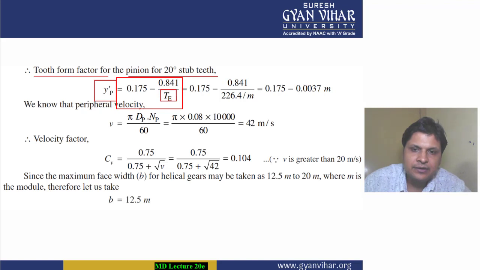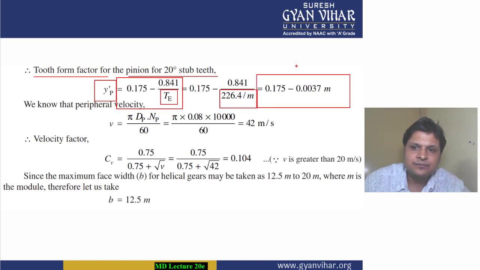Here Te is the equivalent number of teeth, the expression for which we have already calculated in the previous step. Finally you will get this expression for tooth form factor.